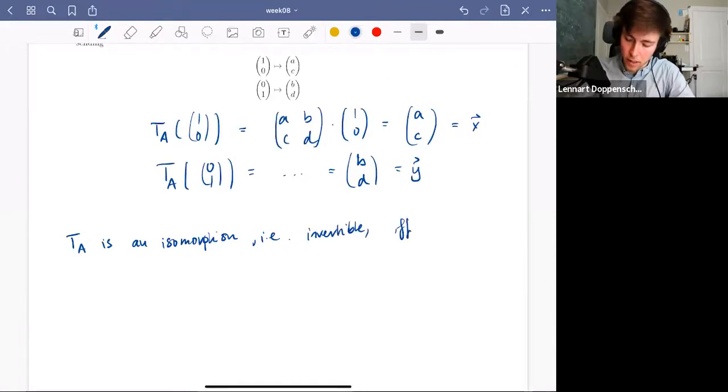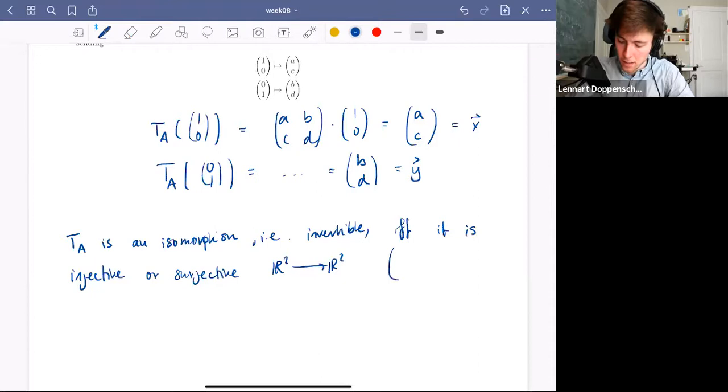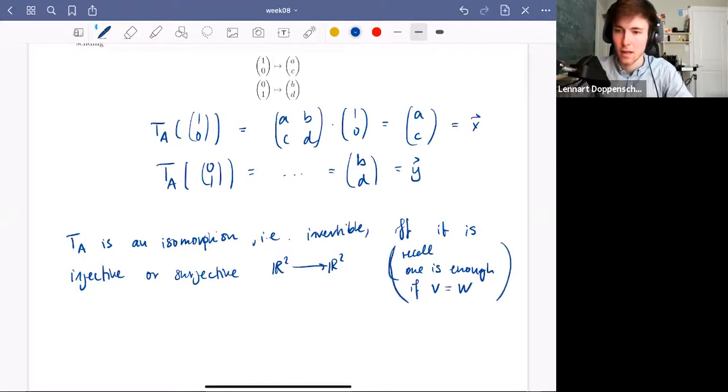It happens if and only if it is injective or surjective from R2 to R2. Remember that one of them is enough if V is equal to W. So if you have the same domain and codomain, then either surjective or injective implies the other one, and therefore bijectivity.